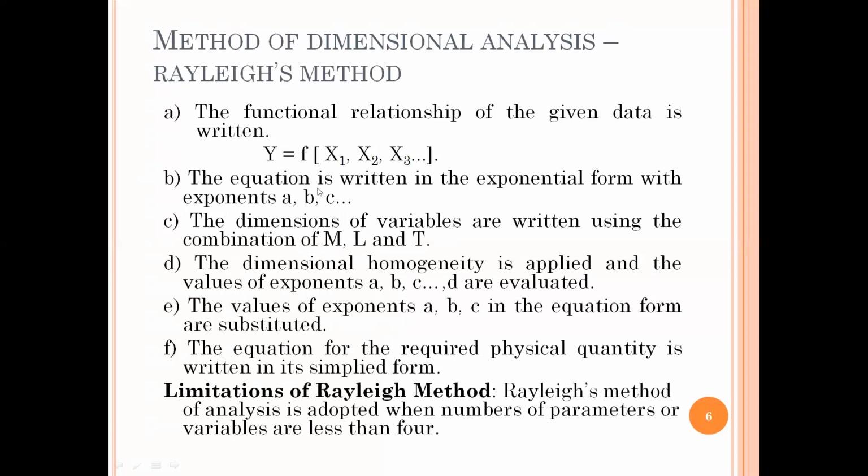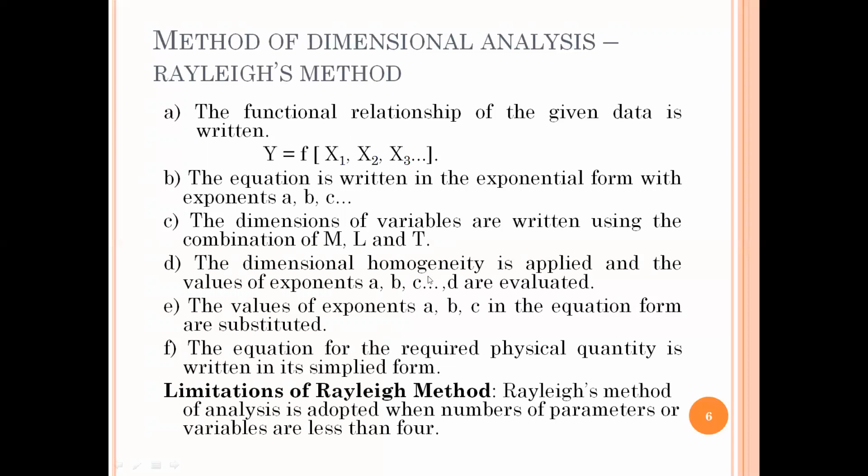After we write the exponents a, b, c, I am writing each variable in terms of M, L, and T. That includes x1, x2, x3, as well as the dimensions of y, on both sides.